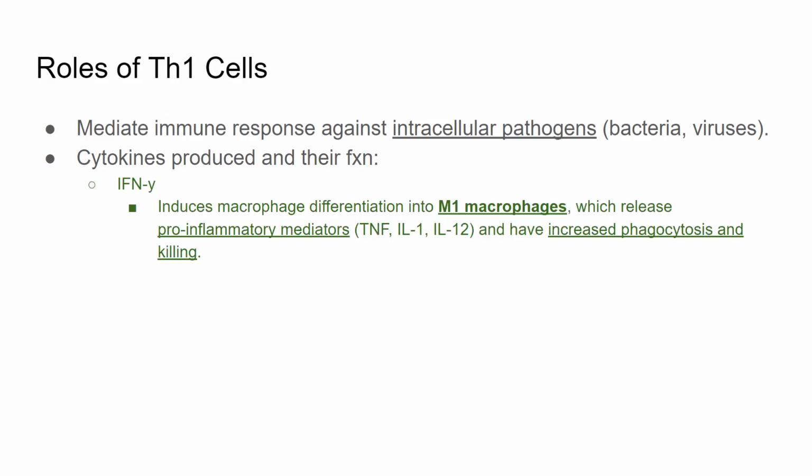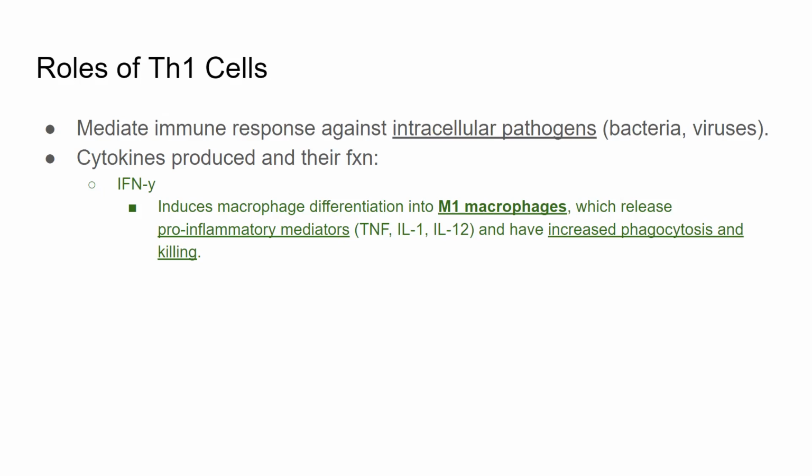It induces differentiation from monocytes, I think, into M1 macrophages, which have increased killing capabilities. These M1 macrophages also release more pro-inflammatory mediators: TNF, IL-1, IL-12, and IL-12 will kick back and induce more Th1 differentiation.